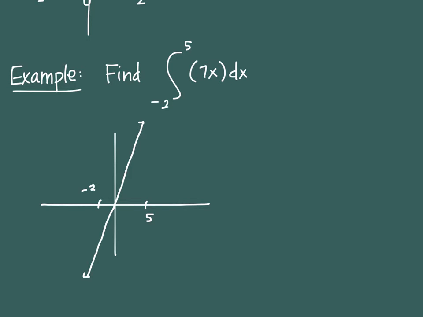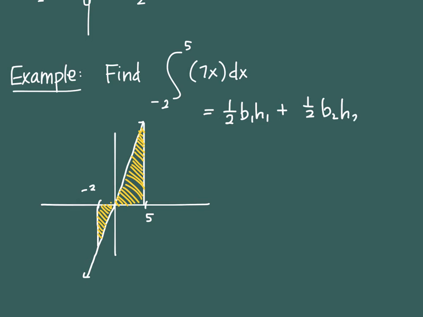On the negative side, the shape is a triangle whose boundaries are below the x-axis. And on the side 0 to 5, its boundaries are also a triangle, but it's above the x-axis. And so if we think of this geometrically, we're just considering 2 triangular shapes. So this is going to be 1/2 the first base times the first height plus 1/2 of the second base times the second height. So 2 triangles added up.